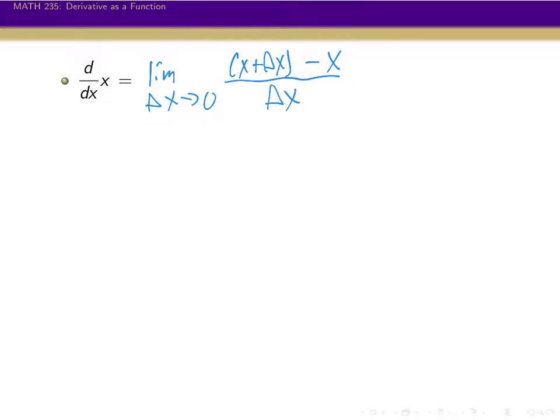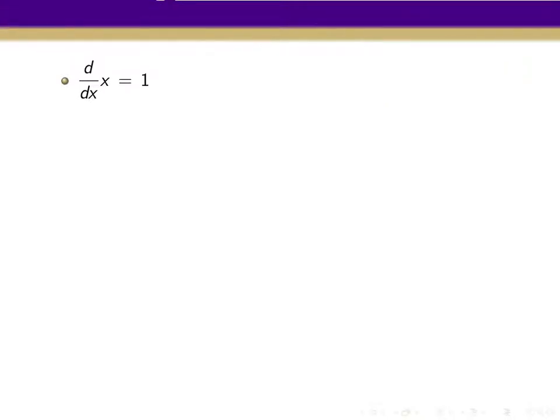And so looking in the numerator here, the plus x on the left is going to cancel off with the minus x on the right. And so we end up with taking the limit of delta x over delta x, and they're going to cancel off to 1. And so we're just taking the limit of 1. And so our derivative is 1. So the derivative of just x by itself is always equal to 1.